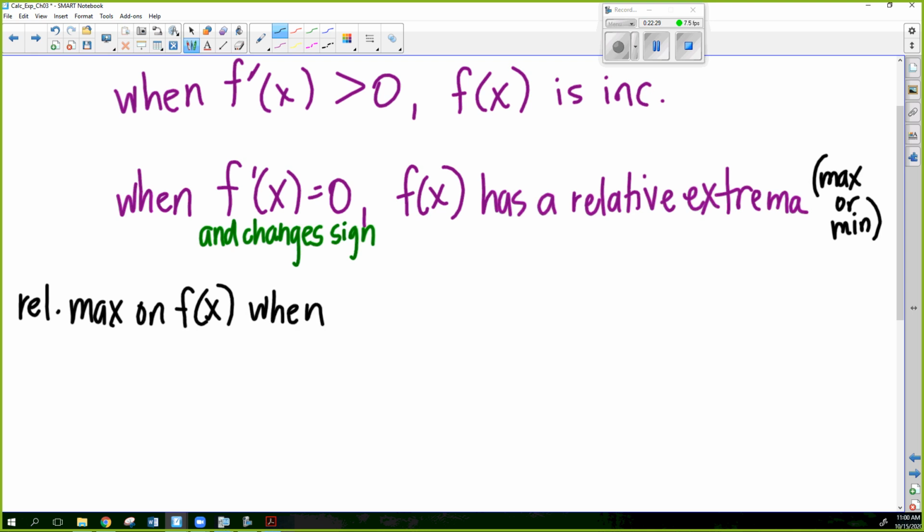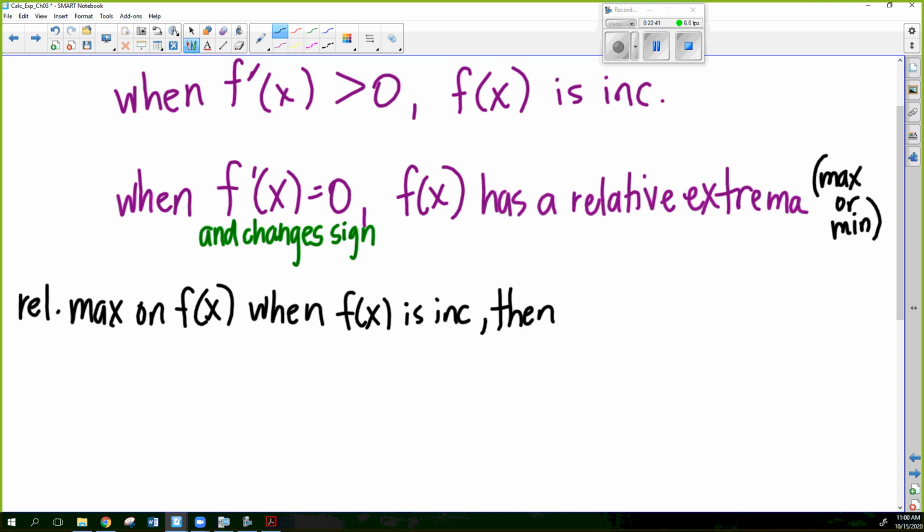What would be happening on the actual graph of f to have a max? Probably going up to a point and stopping. When f is increasing, then decreasing, right? A graph has to go up and then come back down to have a max. What would be happening on the derivative?